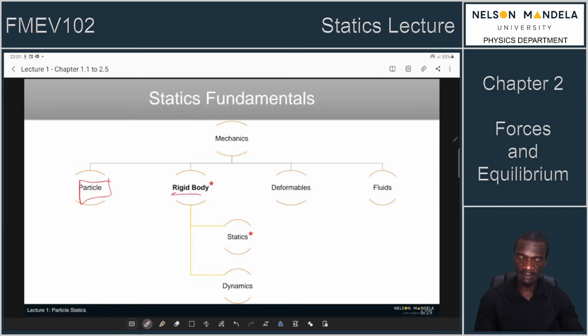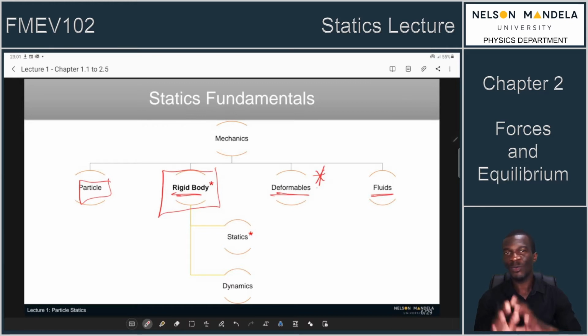We've got rigid body mechanics, we've got deformable bodies, and we've got fluid mechanics. Now, we are focusing only on rigid bodies. So we are not worried about deformation. So don't worry about the chapter on Young's modulus and so forth. We are not talking of fluids, whether it's the Bernoulli effect and stuff. We are just looking at rigid bodies.